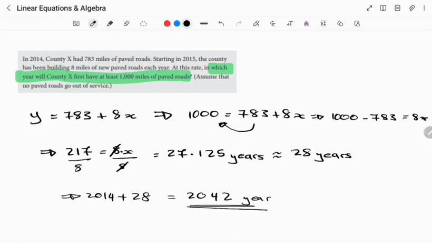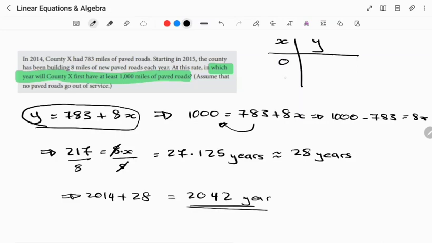And we got this beginning from right here, this linear relationship. We could represent it graphically if we wanted to. How would we do that? We would do x, y. We would write some points for x, and we would find the y value for those points. So when x is 0, y is 783. When x is 1, y is 791.